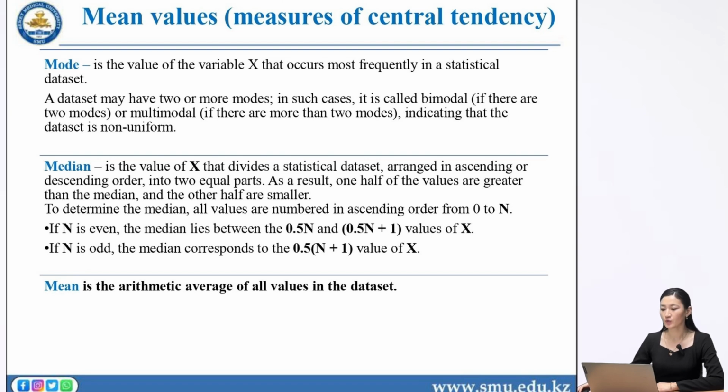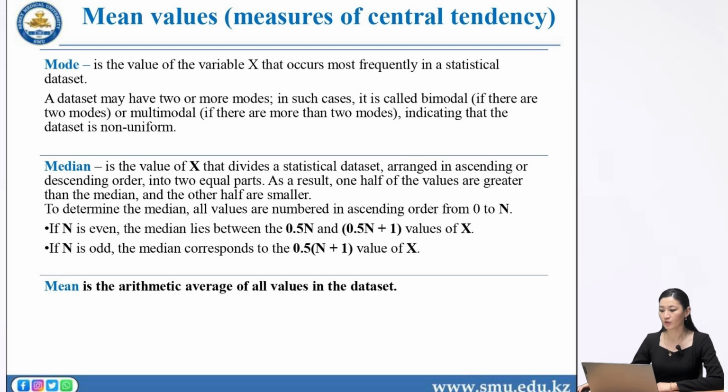Median is the value that divides the ordered dataset into two equal parts. Half of the values are smaller and half are larger than the median. To find it, we arrange the numbers in order.